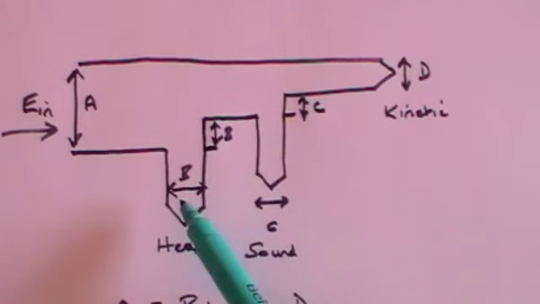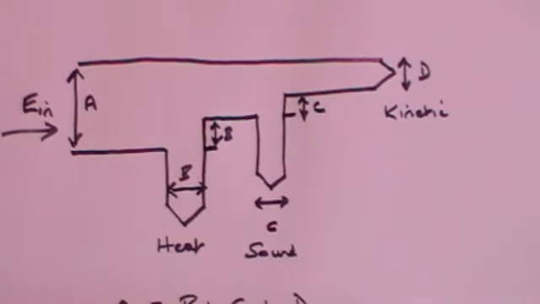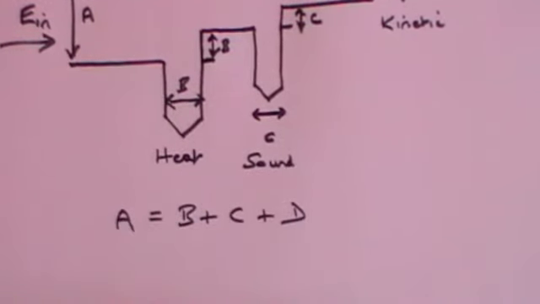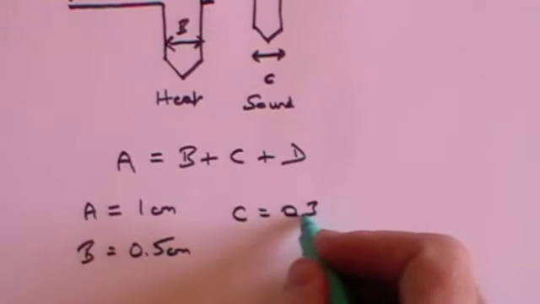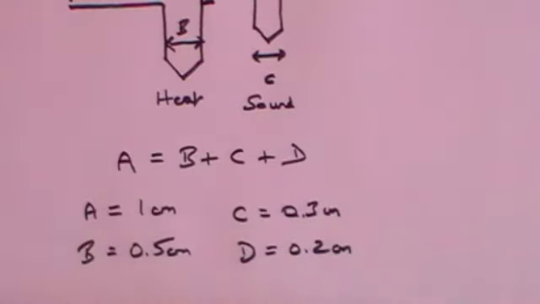by reflecting the proportions of those by the widths of the arrows that come out. Let's suppose that in this diagram A was 1 centimetre, B was 0.5 centimetres, C was 0.3 centimetres, and D was 0.2 centimetres.